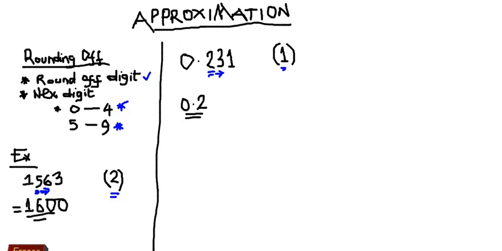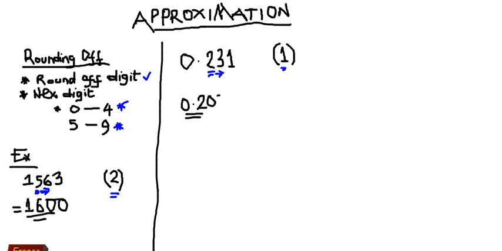Now here for the decimal number 0.231, if we were to do the same as we have done in the whole number, the value changes, because we did mention that the position of 0 in decimal numbers, if the 0 appears after the last non-zero digit, it is going to be counted as a significant figure.